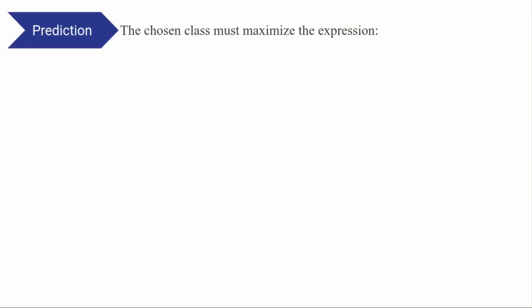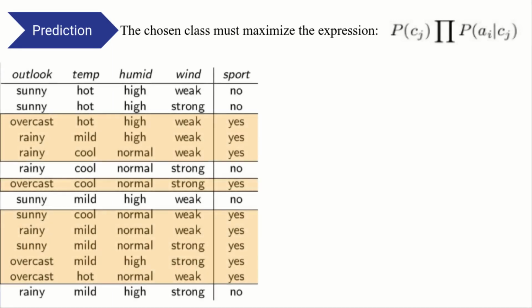Finally, let's see an example. Here we have our formula, just that we can cheat a bit. And we have this table with 14 records or samples. Each sample has 4 attributes and 1 class. Similarly to the example we have seen before, we're trying to predict if there is going to be a game or not.